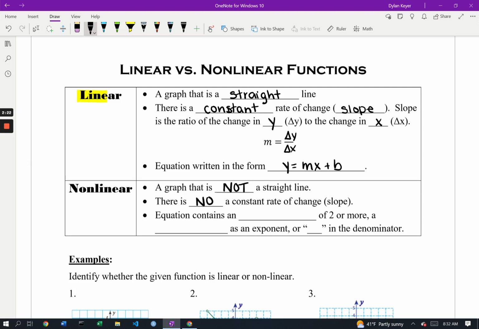They often contain exponents of 2 or more, a variable as an exponent, or x in the denominator of a fraction.